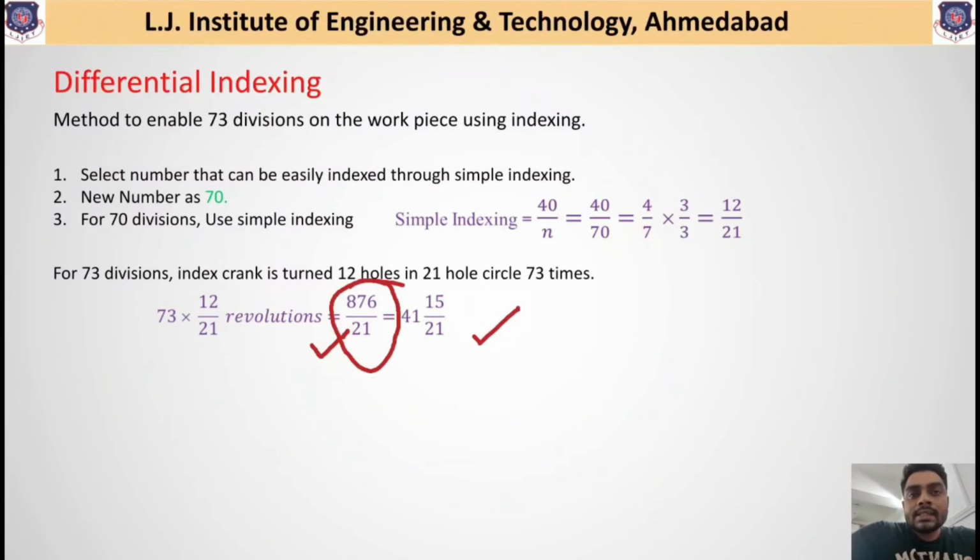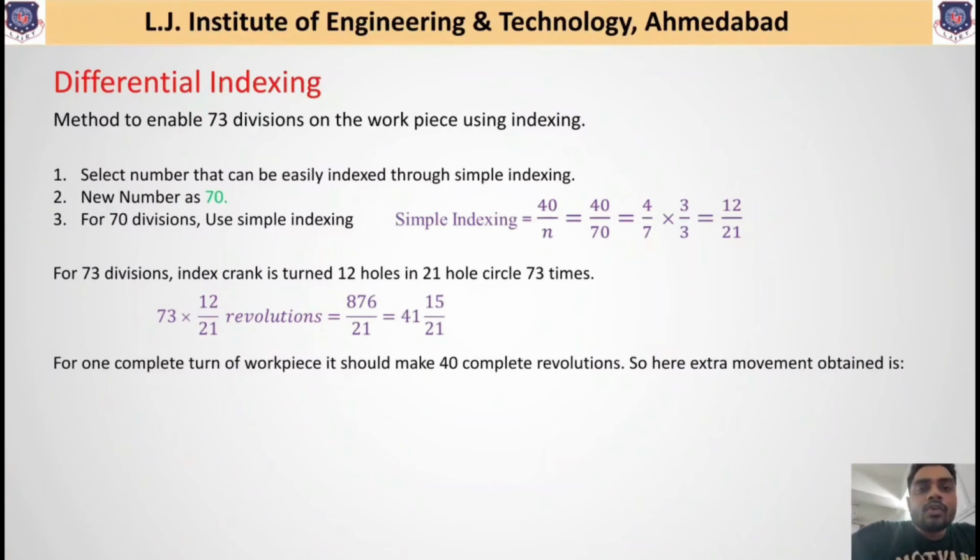So whatever extra movement we have given to this workpiece needs to be removed, and to remove that we are using the gearing assembly. So first of all let us obtain the value which is the difference from that 40 number.